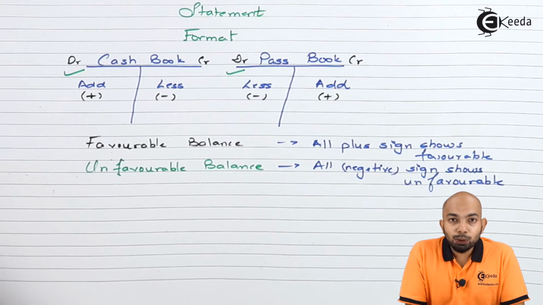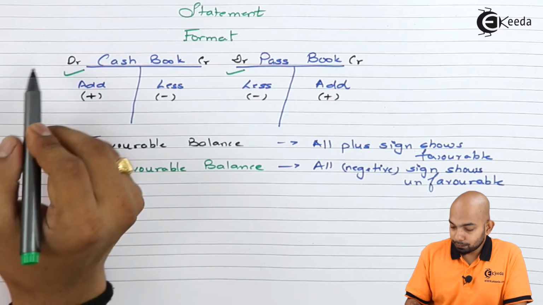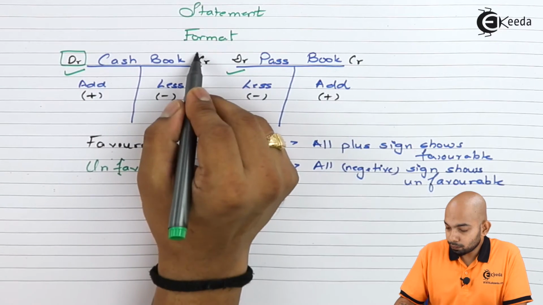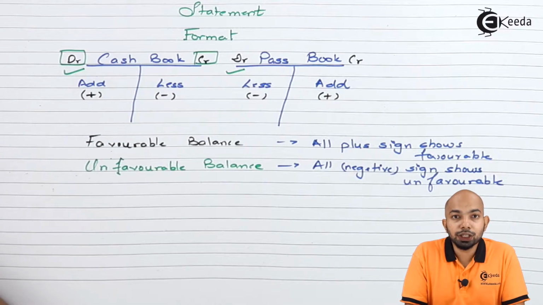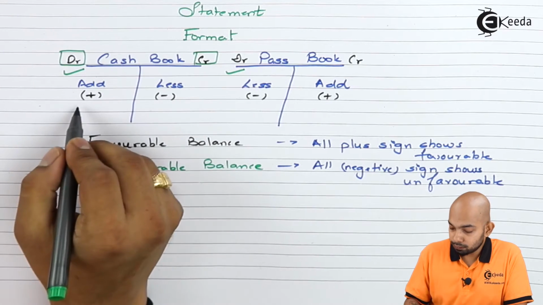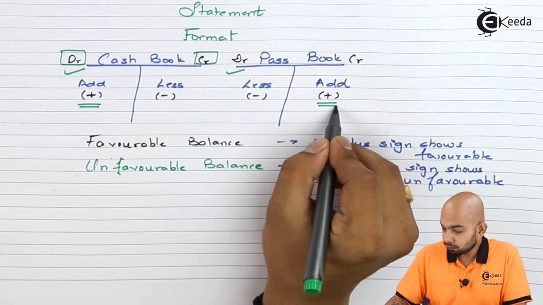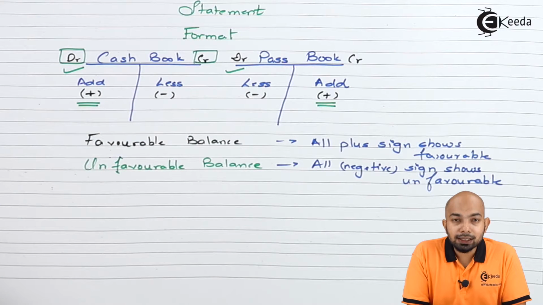The cash book has two sides, a debit side and a credit side. Similarly, the pass book has a debit side and a credit side. Wherever I've mentioned a positive sign, that is add, these balances show a favorable, positive balance, which is a good sign for every book in terms of accounting transactions.